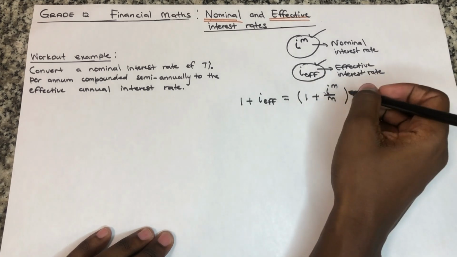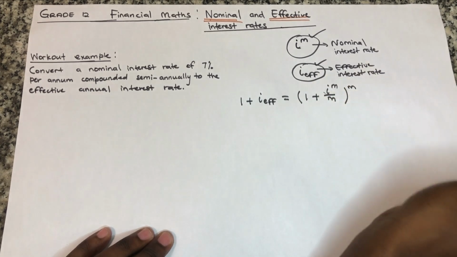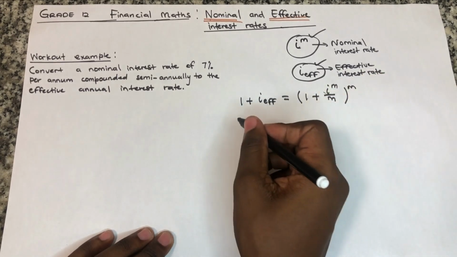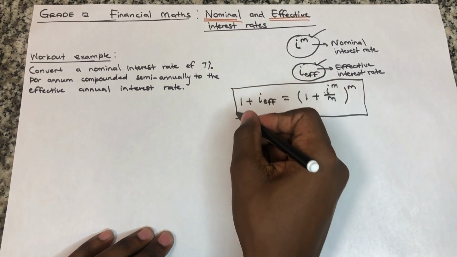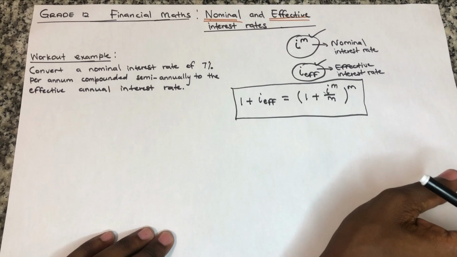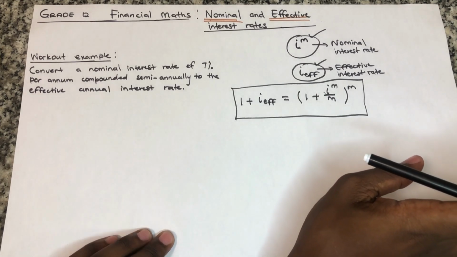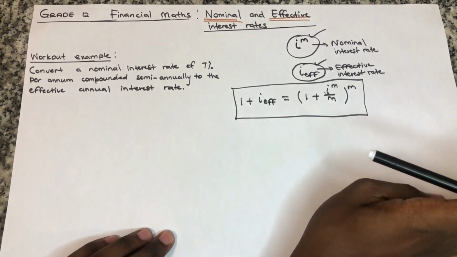M stands for compounding periods, the compounding period outside, okay? So this is the formula to calculate the nominal as well as the effective interest rates.